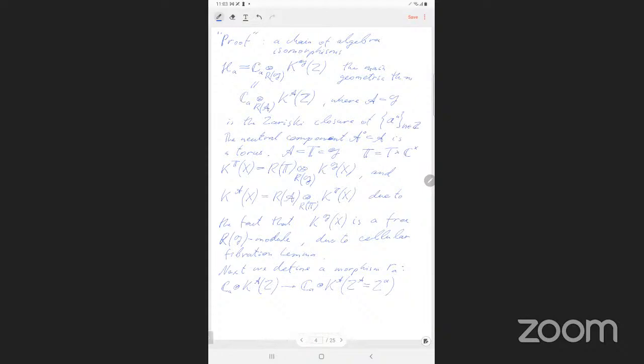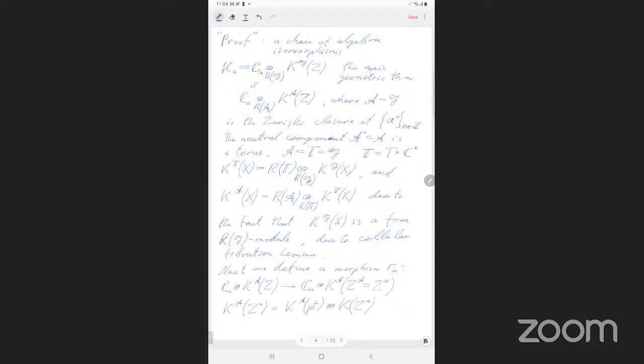Then you see on this fixed point set, the action of our group A script clearly is trivial. So when I take the equivariant K-theory of the fixed point set, I get just the equivariant K-theory of the point tensor the K-theory, not equivariant, of the fixed point set, because the action is trivial.